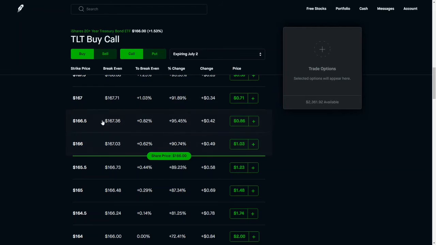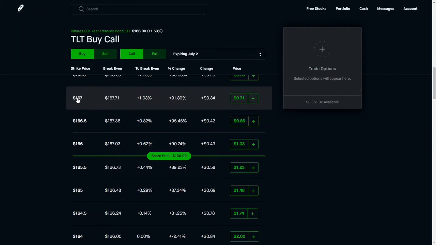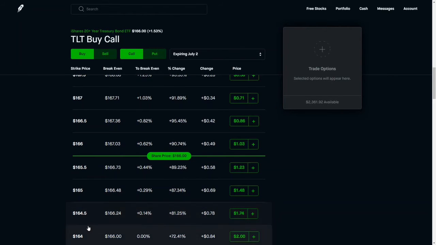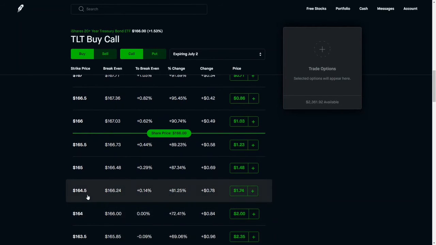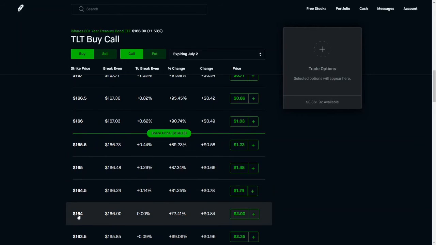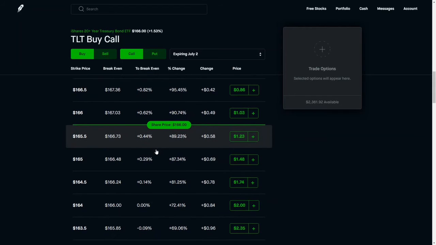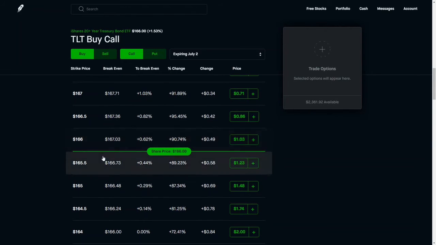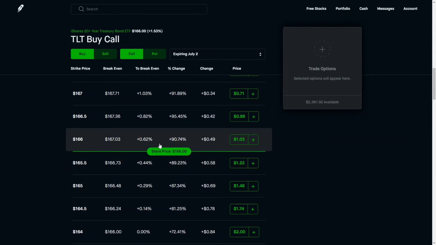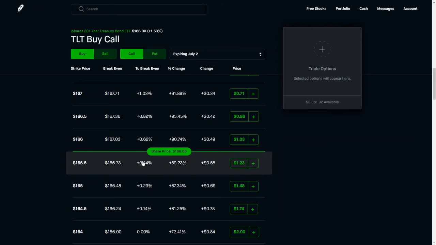The current price is below the strike price, so if you were to execute this today, you would lose money. On the other side, we have in the money options. The price of the stock is above the strike price, so you would make money if you executed today. Here we have the at the money options. These have little to no intrinsic value, but could gain some in the near future.